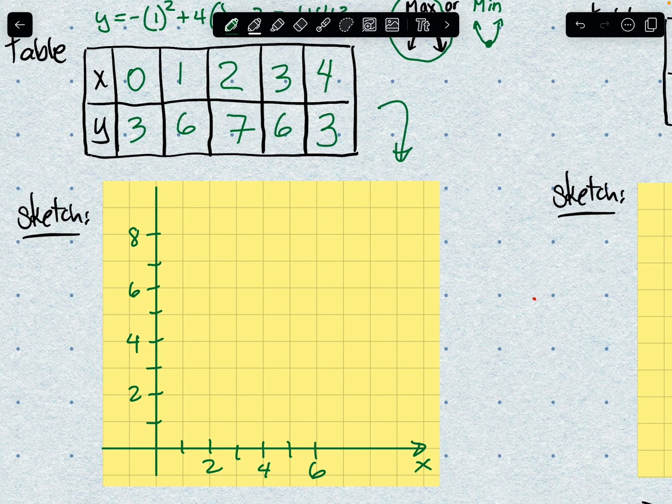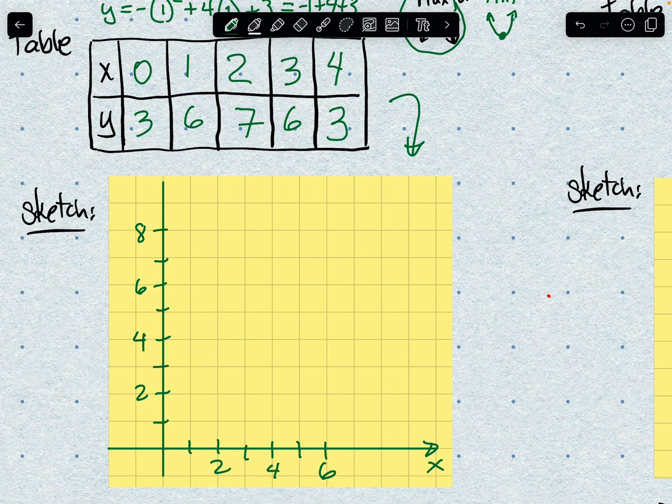Okay, so this parabola is going to fit. All right, (0, 3), (1, 6). Again, I'm using each of these pairs of numbers to graph the 5 dots. (2, 7), (3, 6), and then (4, 3).